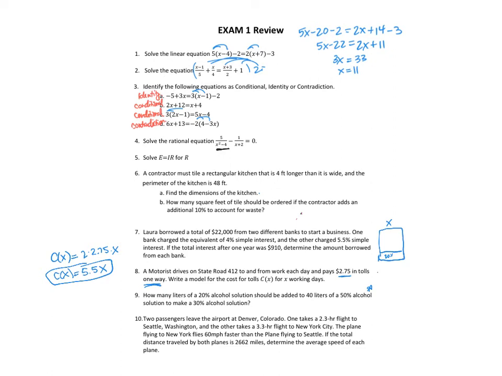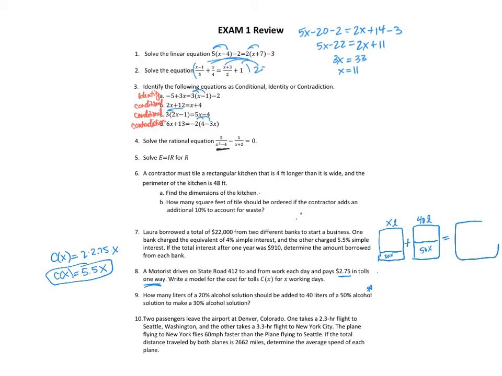Okay. And then I want to add that to 40 liters of a 50% alcohol solution. So 40 liters, and this is 50%, so I'll draw it up here. Now, when I add those up, I'm also adding the volumes, right?